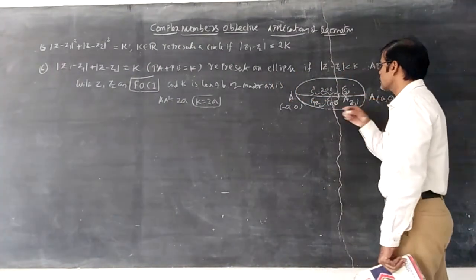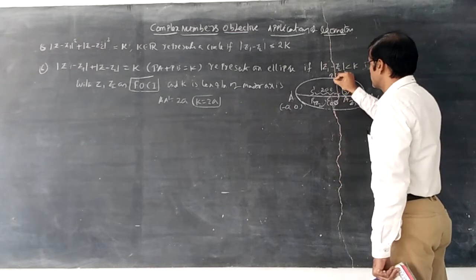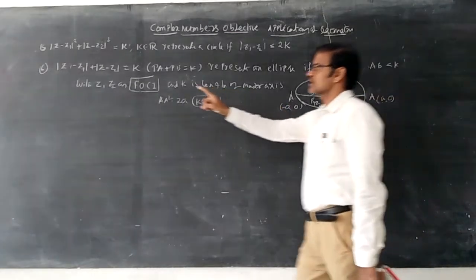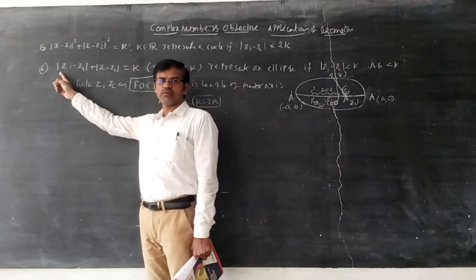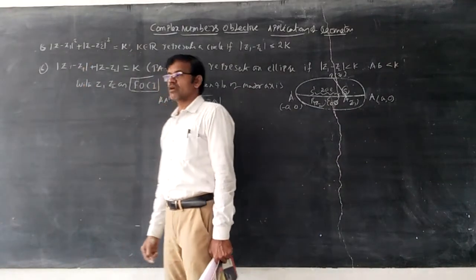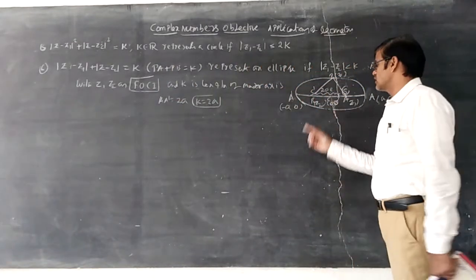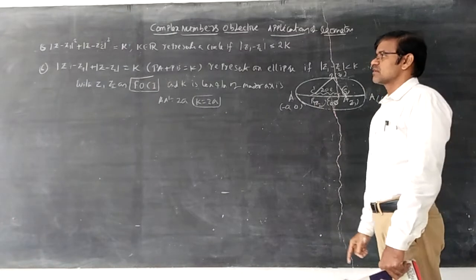Now let us take here P, z or x comma y. Here PA means the distance between P, x comma y and A, x1 comma y1, which is modulus of z minus z1. And PB means the distance between P, z and B, z2, which is modulus of z minus z2.